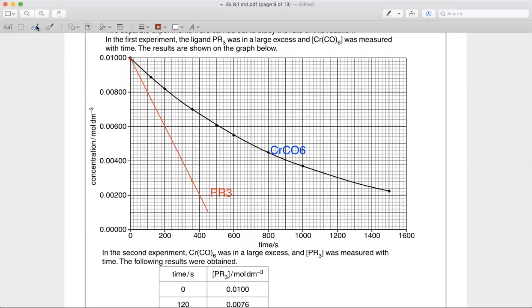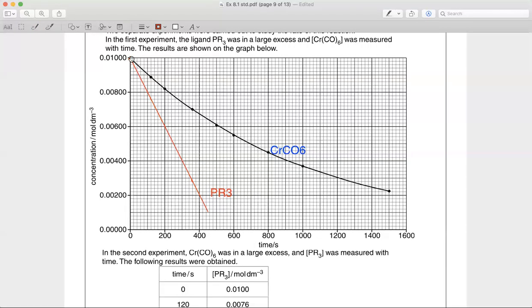Now, even though in your notes it says that half-life is independent of the starting concentration or something like that, since most of you got confused, the easiest way to do it is to start at the starting concentration, which is 0.01.